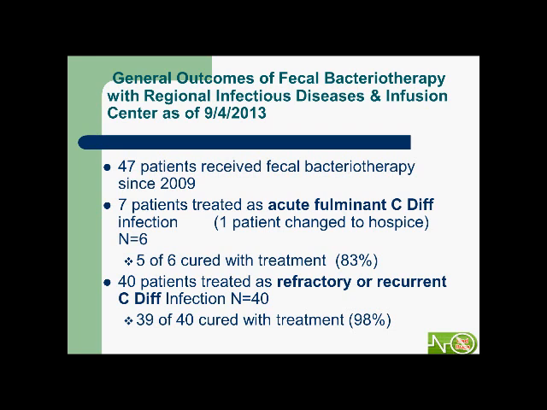The one patient that did not get cured by fecal bacteriotherapy for recurrent refractory C. difficile did not have any related donors to give stool, and the person that gave her the stool was an unrelated donor. So I'm not sure if that should be included in this data, but that's what was done, and that's being reported here.